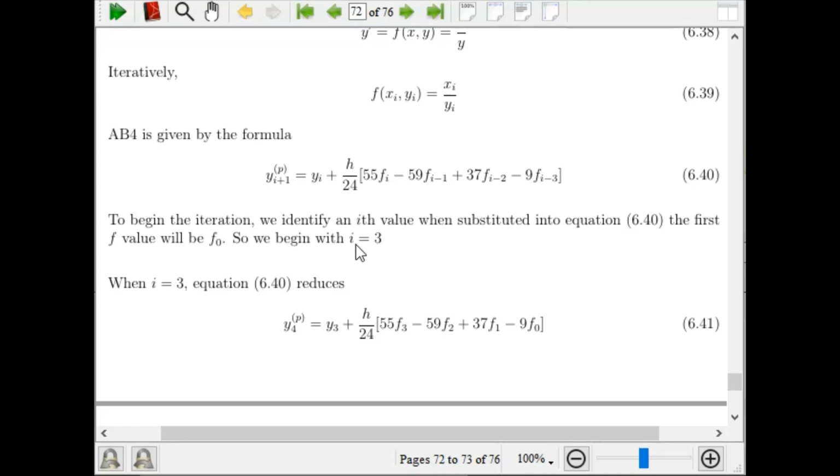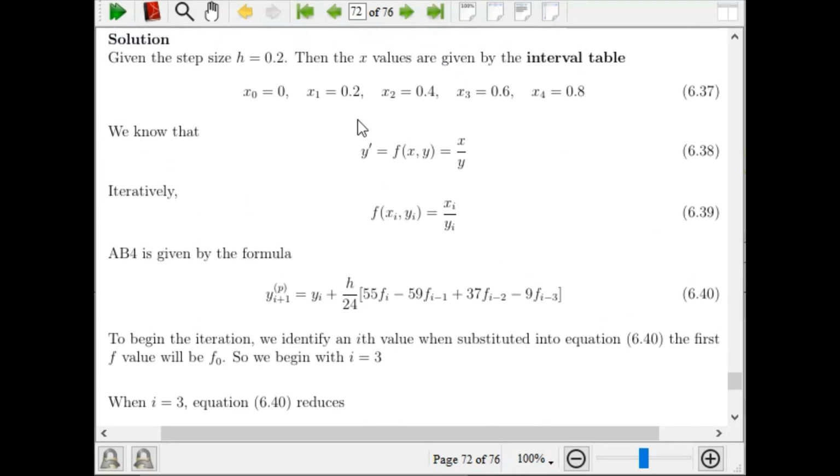It is only when i is equal to 3 that we are going to have f0. When i is 4, it will begin with f1, and that is not the initial condition. Similarly, when i is 1, this will be f of minus 2, and we don't have f of minus 2 in our table here. It starts from f0.